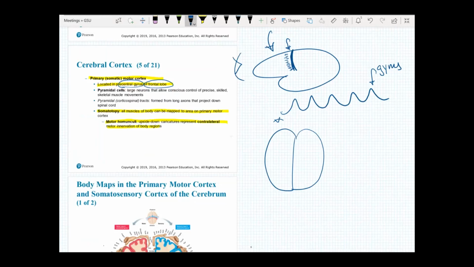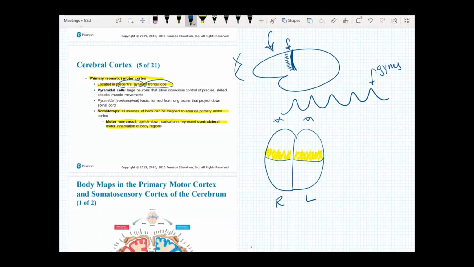So now we're doing it from the top down. If these are my eyeballs, here's my precentral gyrus. We are talking about this section right here. This is my primary motor cortex. Remember, we control the opposite side of the body. This is the right side of my brain, and this is the left side of my brain.